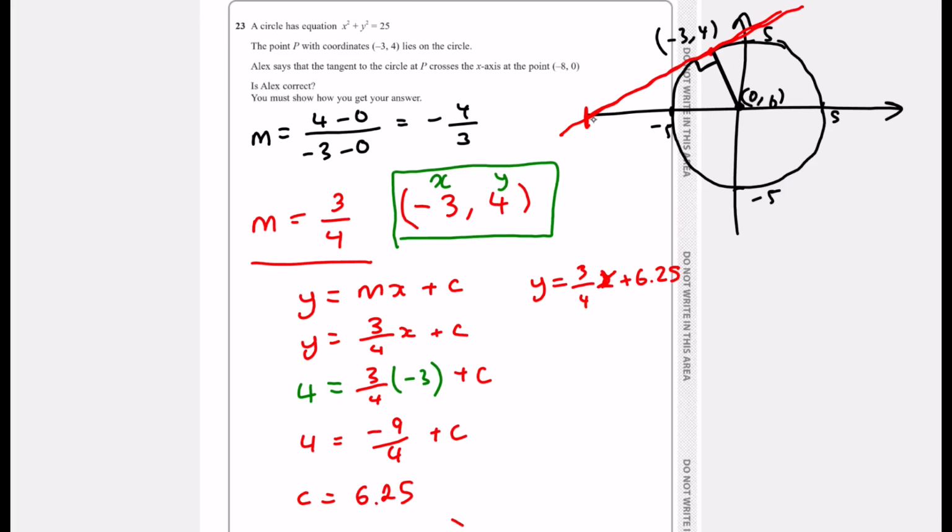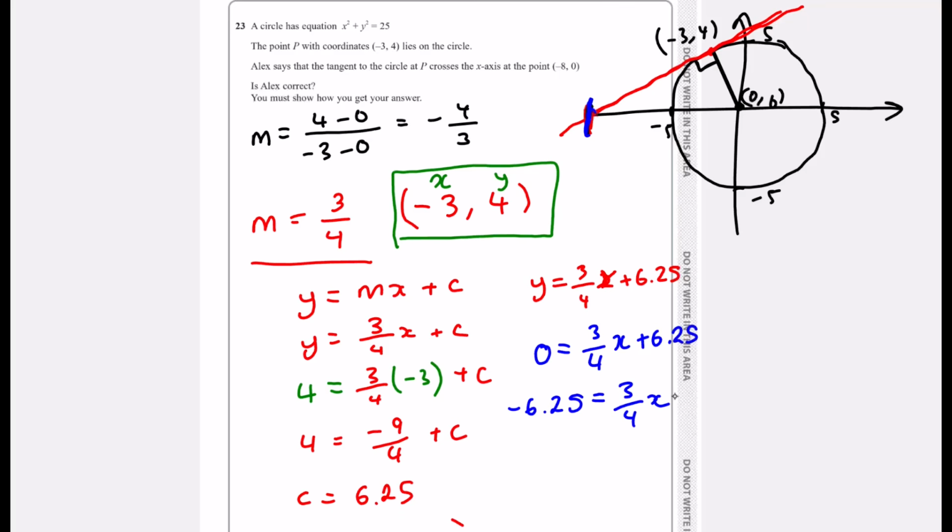If I want to know where it crosses the x-axis, it crosses x when y equals 0. We know it's something, 0. So if I make y equal to 0, I can find out what the x coordinate is. So take away 6.25 from both sides.